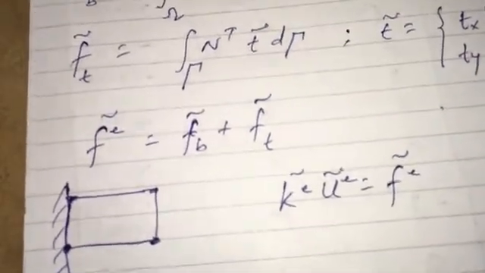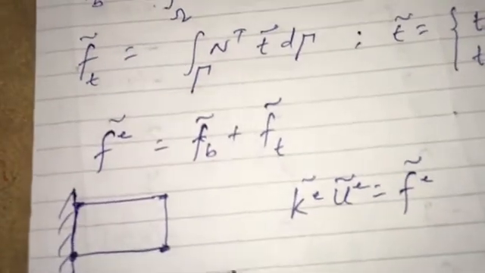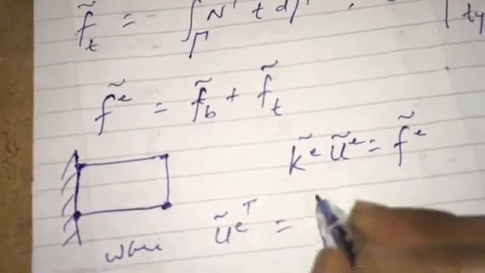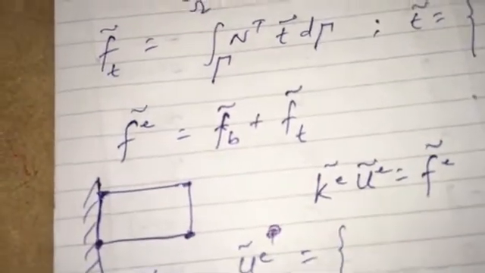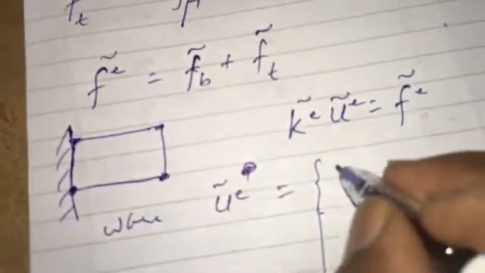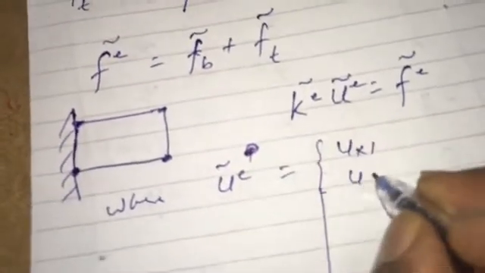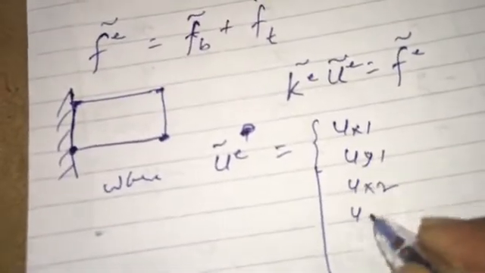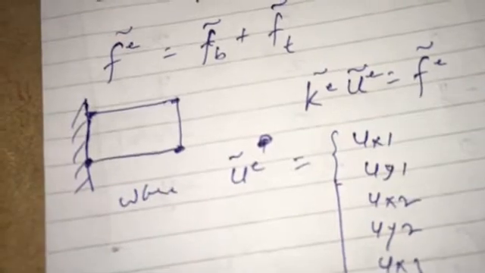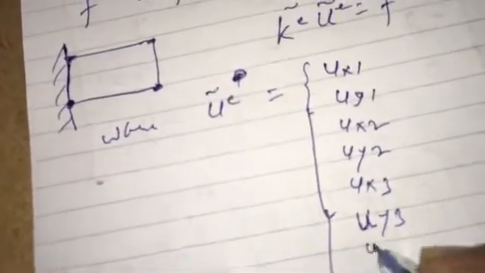Okay. So, where U E transpose, or U E, will be U x 1, U y 1, U x 2, U y 2, U x 3, U y 3, U x 4, U y 4.